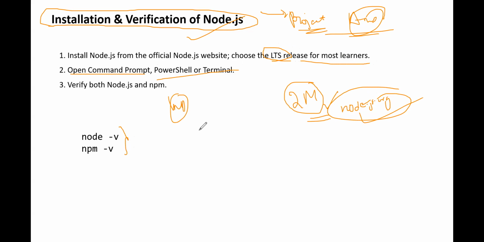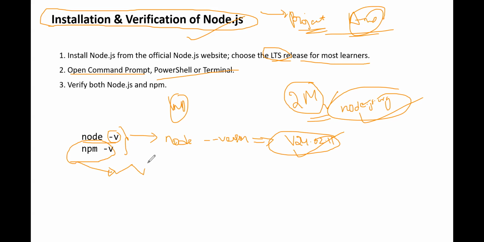To verify whether it is installed or not, type node -v, which can also be written as node --version, to know the Node version. Output will be v24.0 or something like that. npm, Node Package Manager, also has versions starting with v. We will see the installation of Node.js.